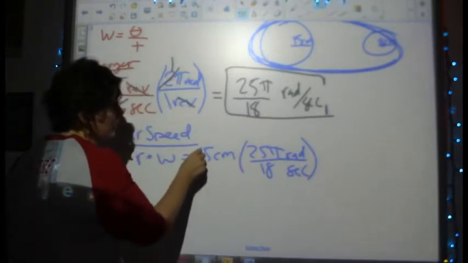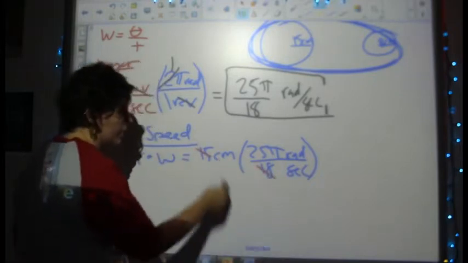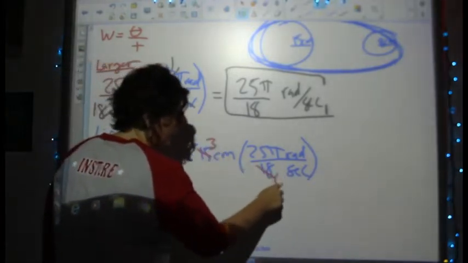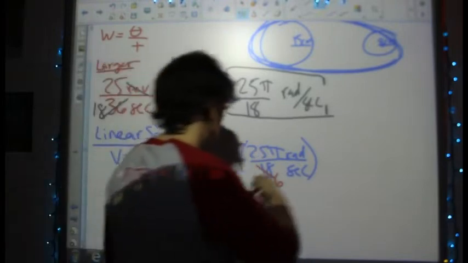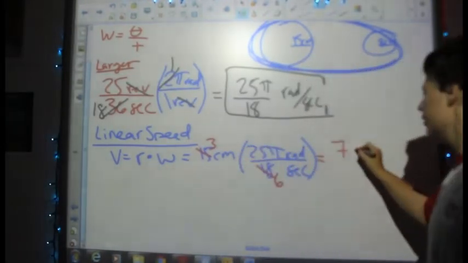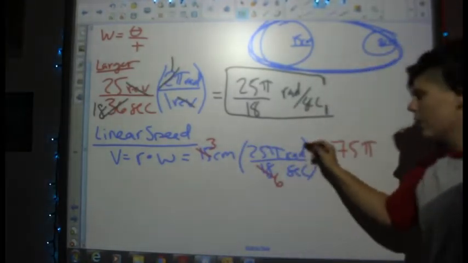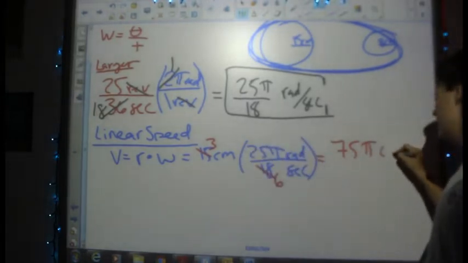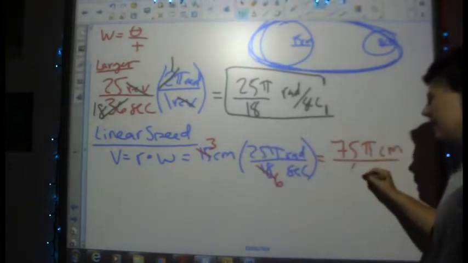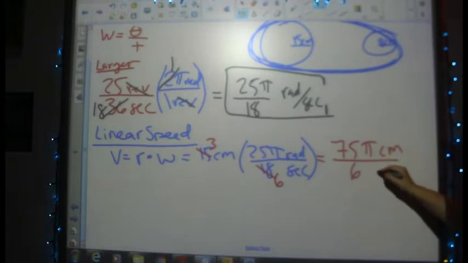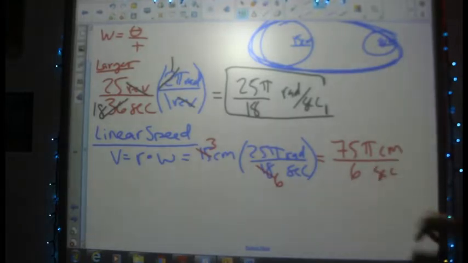So instead, I'm going to say, okay, 15 and 18 have 5 in common, so that gives me a 3, so that gives me a 6, so 3 times 25 gives me 75 pi. Again, the radians kind of go away, and we take centimeters on top, divided by 6 seconds. However, I think I can further do that because 3 and 6 had more in common there.